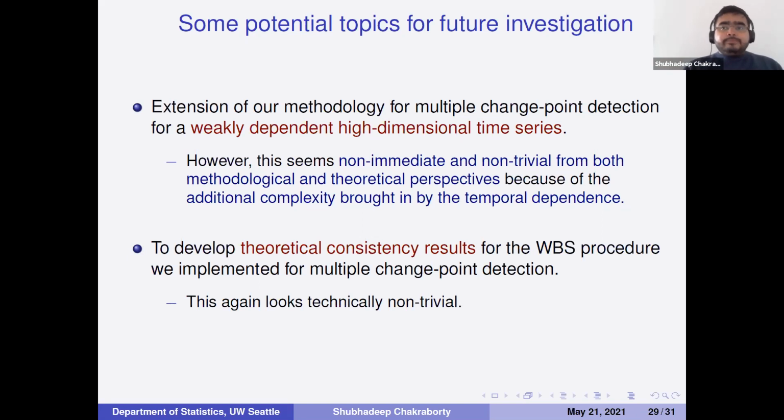Well, in many practical applications, the observations might have some temporal dependence. So a question is how to extend our methodology for multiple change point detection in case of a weakly dependent high dimensional time series. That's an intriguing question, but it seems absolutely non-immediate and non-trivial from both methodological and theoretical perspectives, simply because of the additional complexity brought in by temporal dependence.